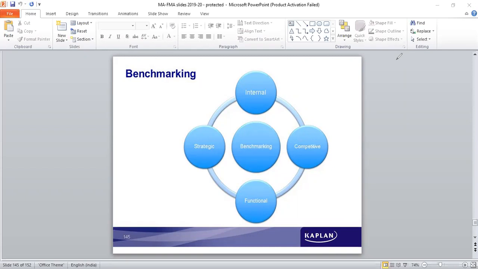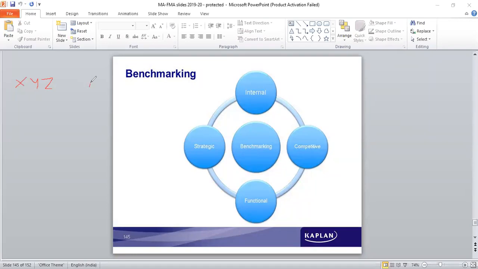Next, the entity whose performance has to be measured. Let's say that XYZ is considered to be as a benchmark.